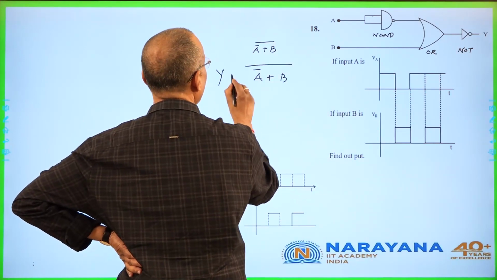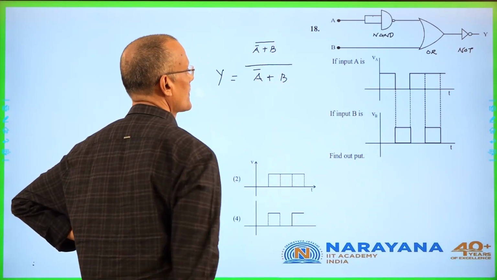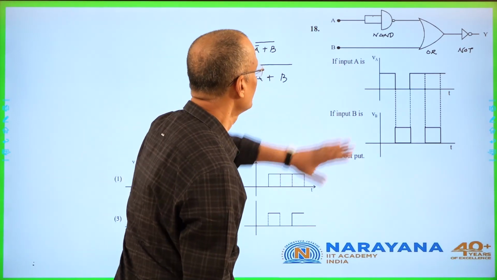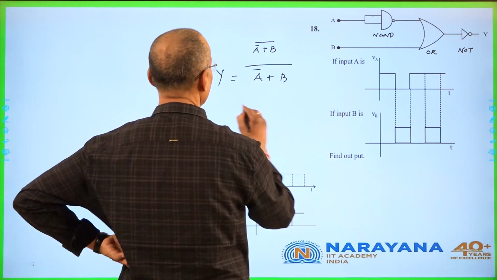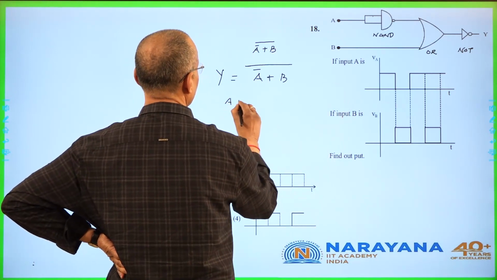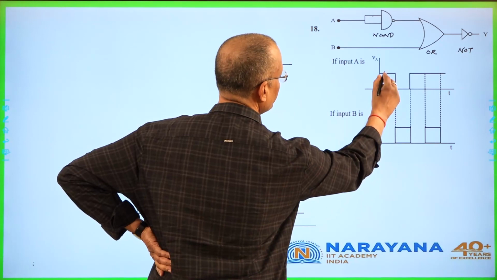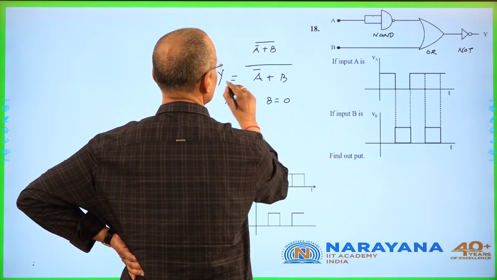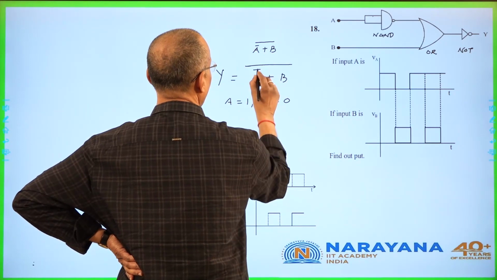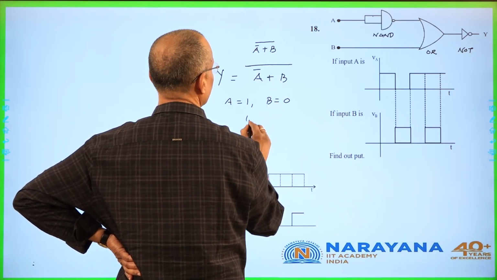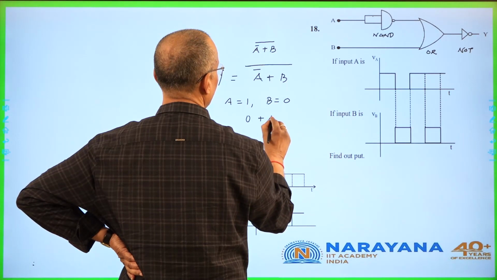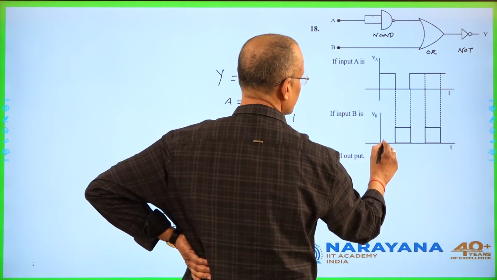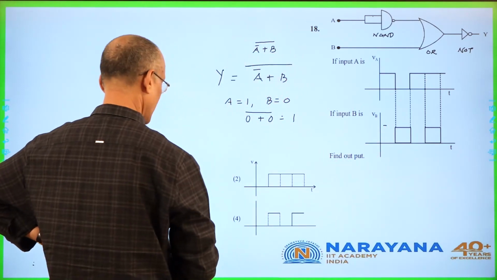So your Y is this. Now you take input. A I am taking 1 and B I am taking 0. So how much will it become? A naught will become 0, plus 0, this will become 1. So this part here is 1.